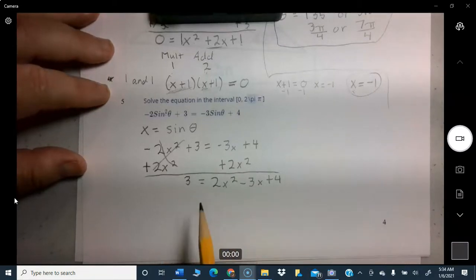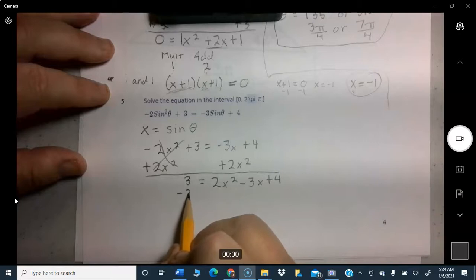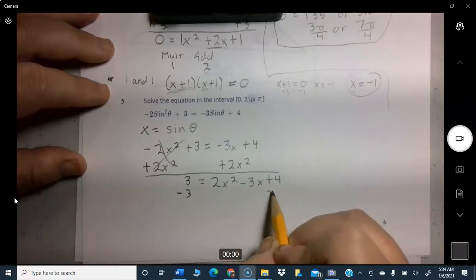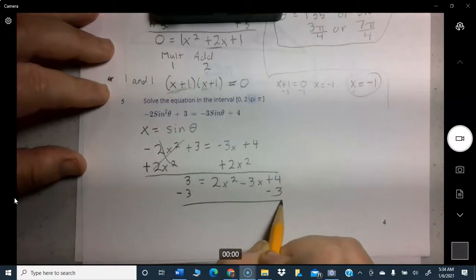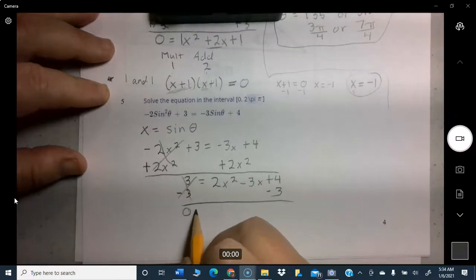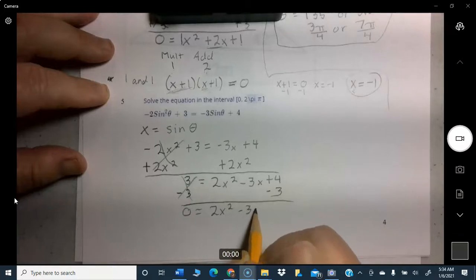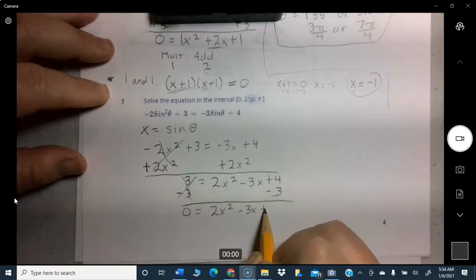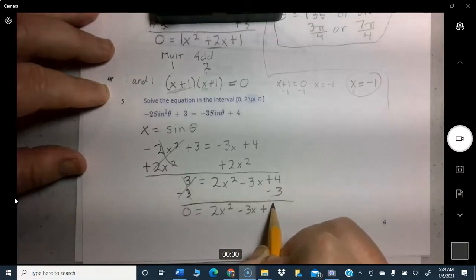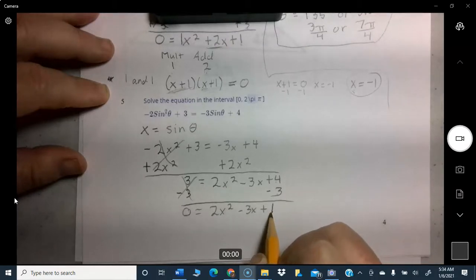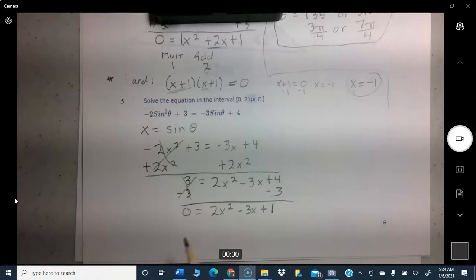Now we need to get this down to a 0, so we subtract 3 from this side and 3 from this side. Four minus 3 is 1. Okay, so now we have another quadratic for us to solve.